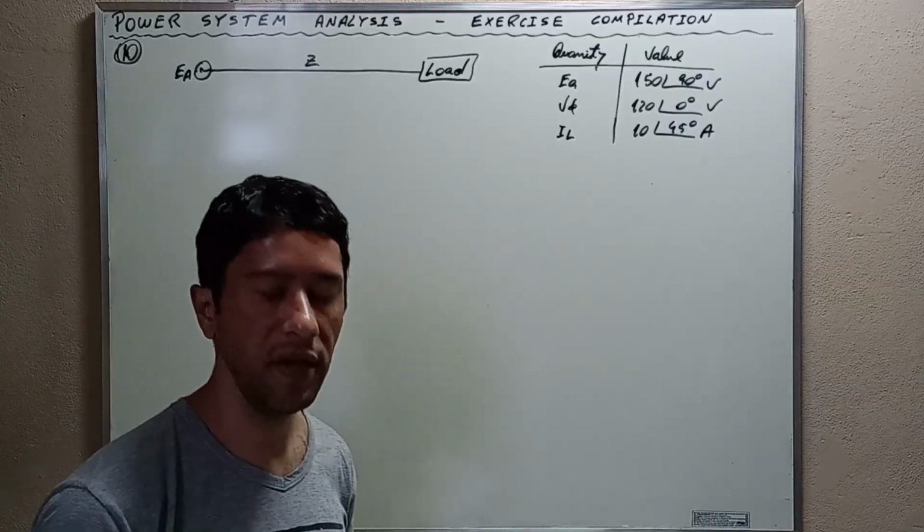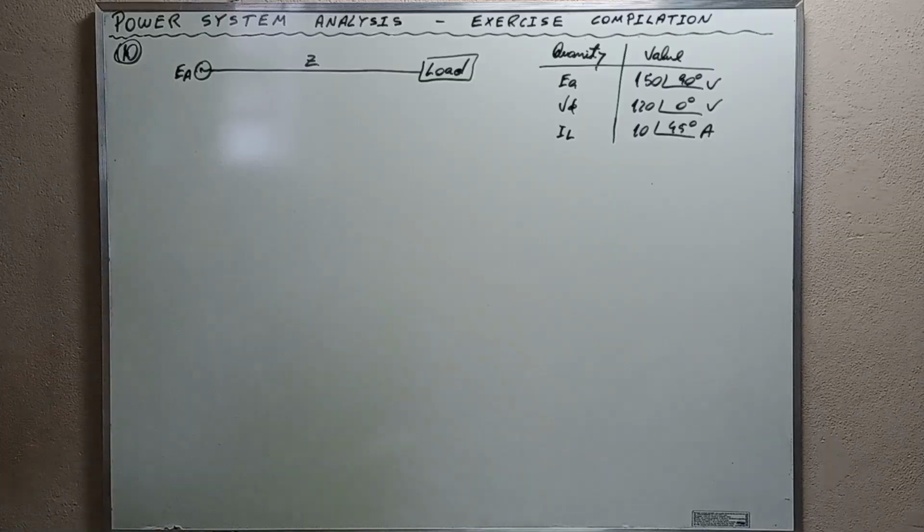Exercise number 10. A single phase circuit is composed of a voltage source, EA, connected to a load through a cable of impedance Z. Under the current operating conditions, the load operates with a terminal voltage V phi and current IL. The voltages and current are listed in the table.